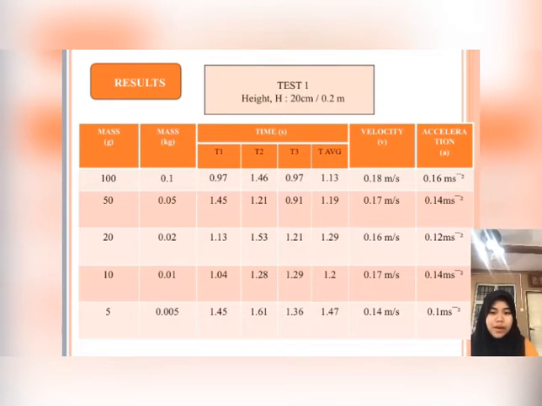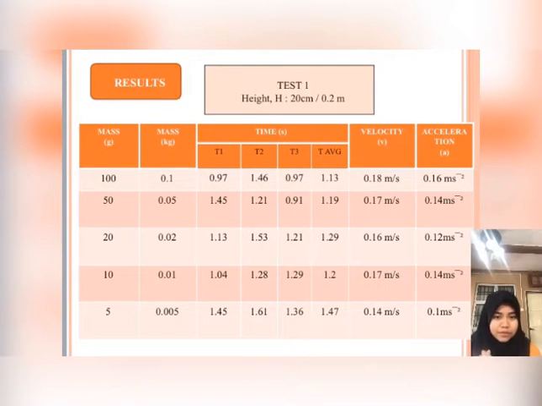For the time, we have T1, T2, T3, and time average. For T1: 0.97, 1.45, 1.13, 1.04, 1.45. For T2: 1.46, 1.21, 1.53, 1.28, 1.61.